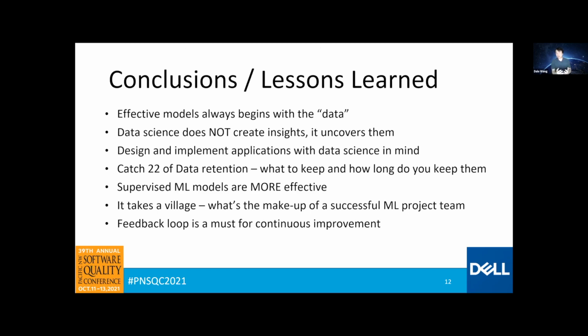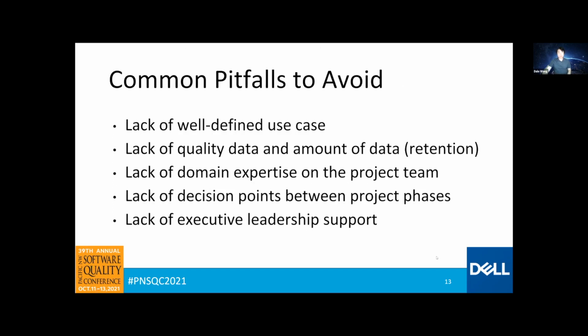You can't do it just with the data scientists alone. That's the key takeaway. And this has now become kind of obvious from the things I've mentioned, right? Needing the domain expertise, having quality data, well-defined use cases, and so forth, to make sure you have a successful project.